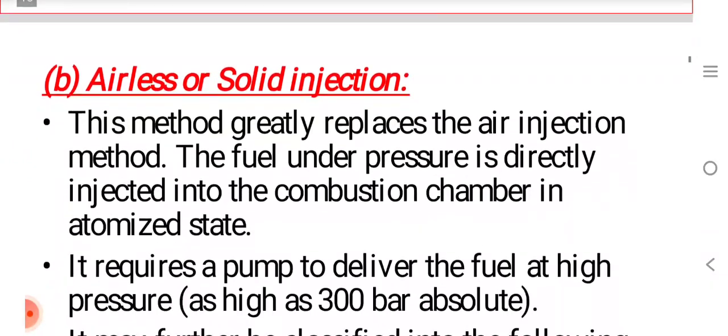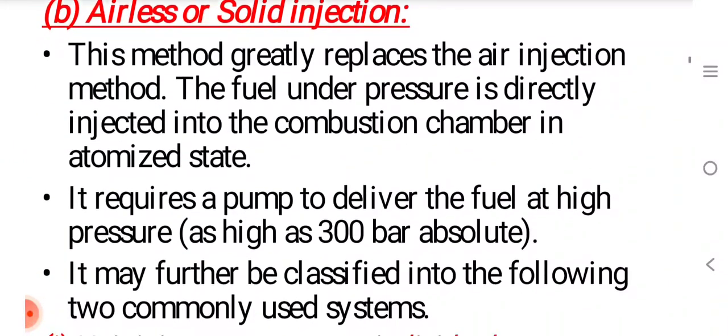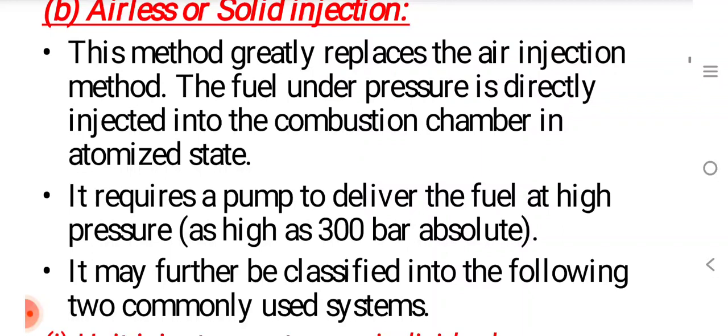The second type is the airless or solid injection system. This method has largely replaced the air injection method. The fuel under pressure is directly injected into the combustion chamber in atomized state. It requires a pump to deliver the fuel at high pressure.